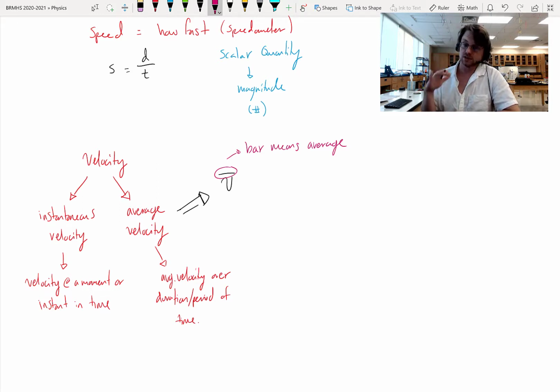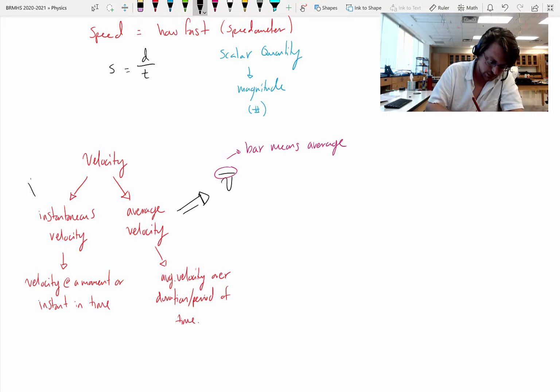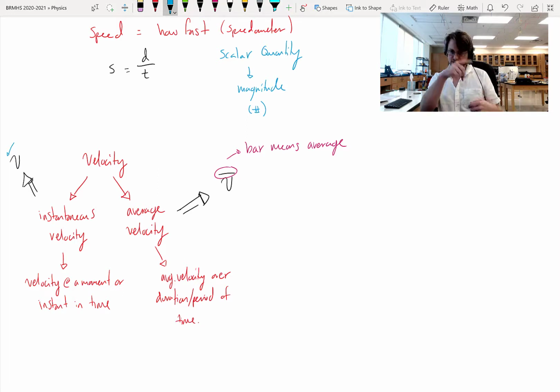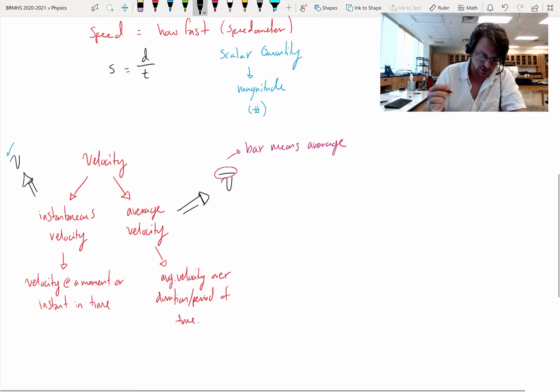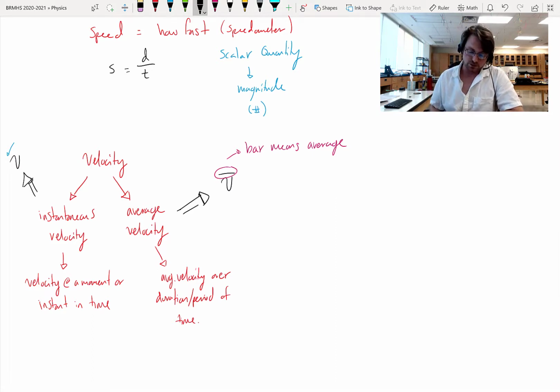But the bar means average if you ever see that on something. Instantaneous velocity, you would just have the V. And notice my V's will always have this kind of little swoosh hook on the left side so that it doesn't look like a U. That's generally how people write it in physics. So the bar means average, but average velocity is just going to be the total displacement divided by time.